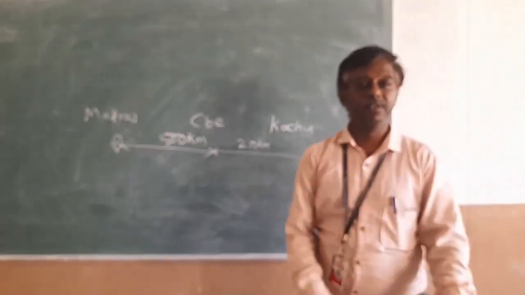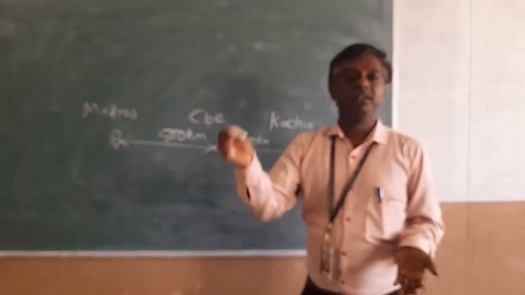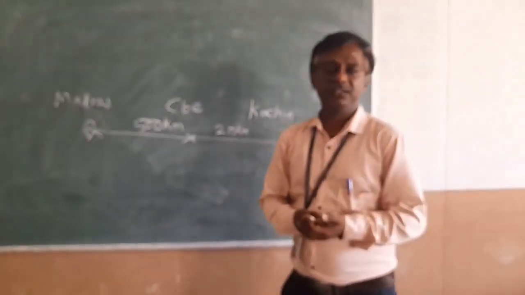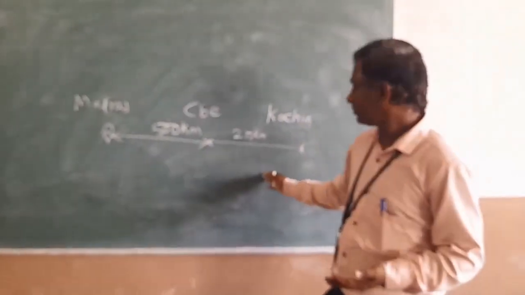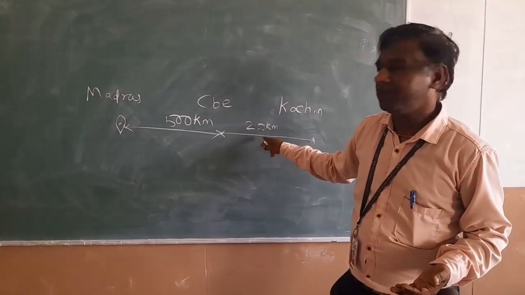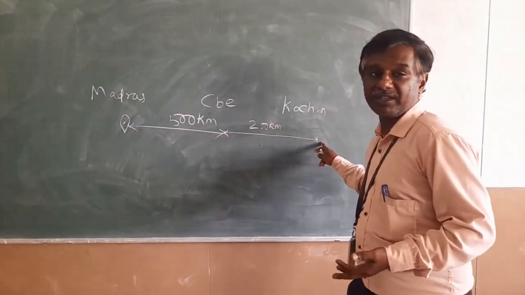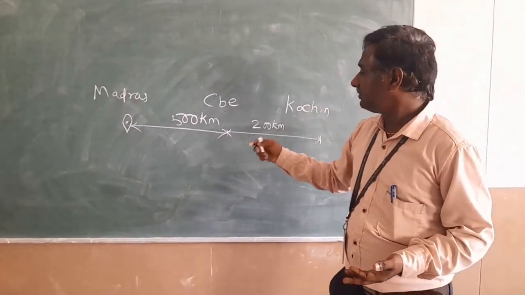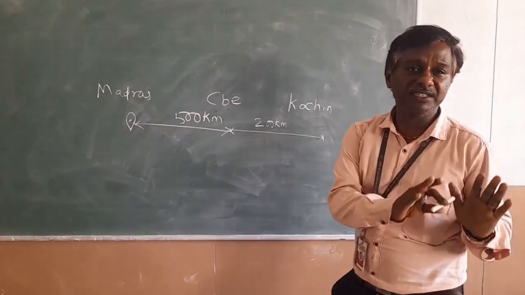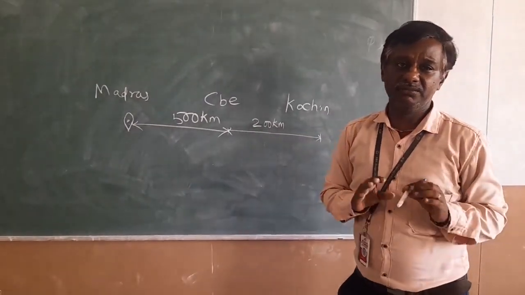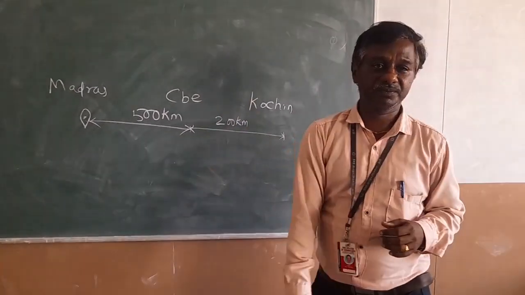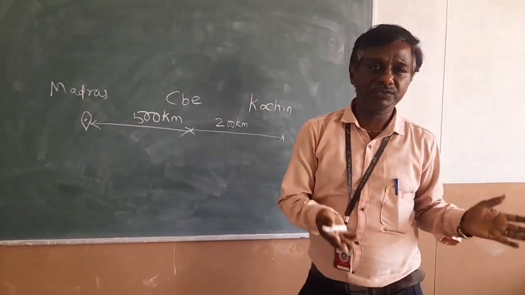From Coimbatore to Kochi it is 200 kilometer. So we should not say the same 700 kilometer; we should know from where it is started and from where it is measured. That is a very big, important question.